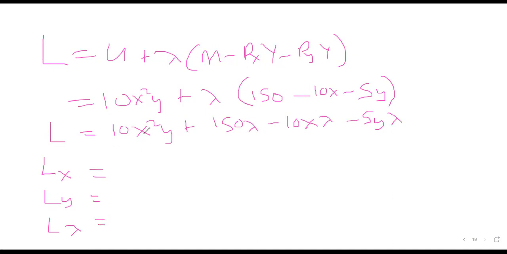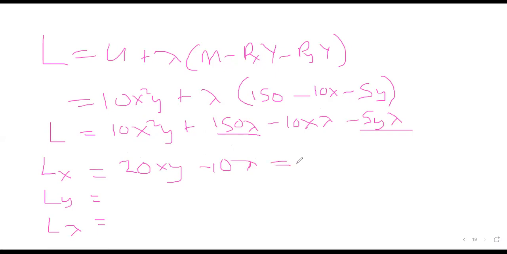So where there's x, we differentiate this, and our dummy is y. So we're going to have 20xy. Here there's no x, so this is 0. Here there's no x, this is 0. Here there's an x, so this will remain as minus 10 lambda, because x is to the power 1.